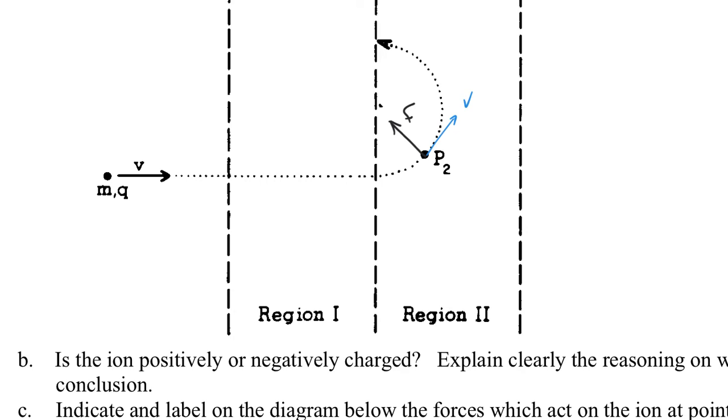And I'm noticing that if I put it in there, my middle finger points into the page. But we are told the magnetic field points out of the page. That suggests to me that my particle must be negative. Right? Because the only way a positive particle could curve in this way is if the magnetic field pointed into the page. So my particle must be negative.